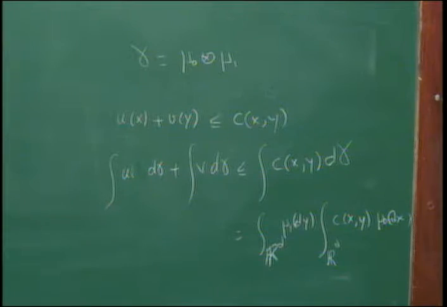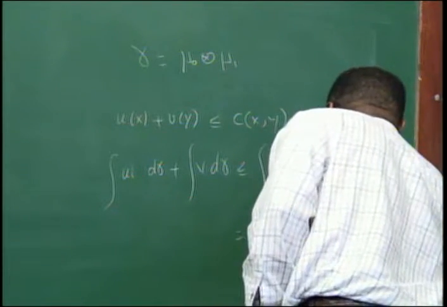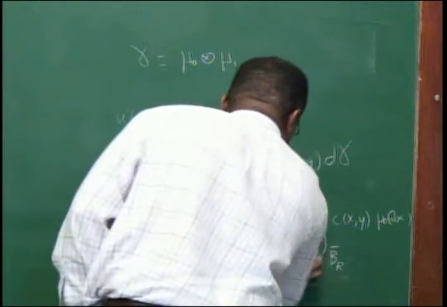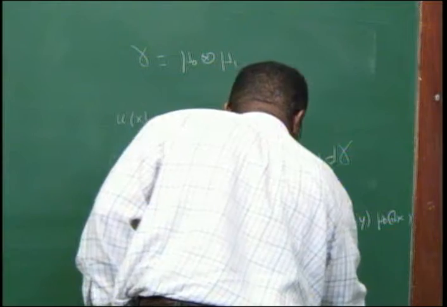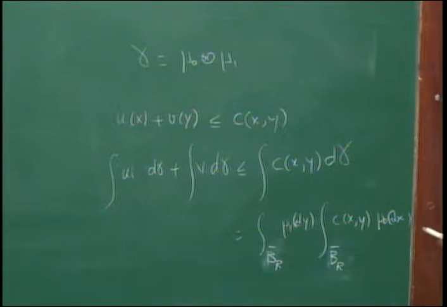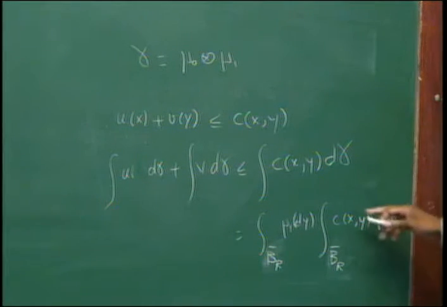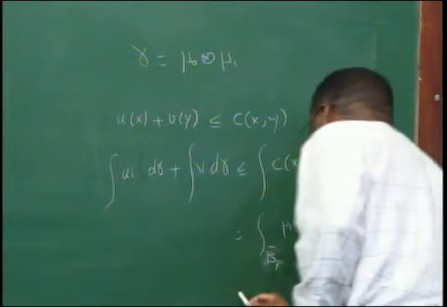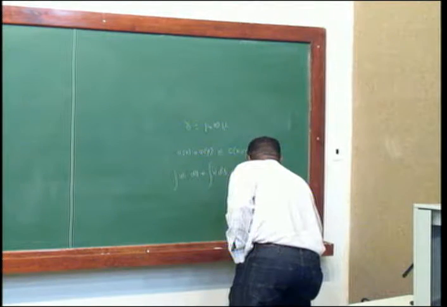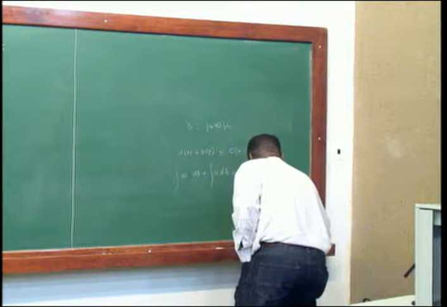Now, mu naught is 0 outside the ball of radius r, and mu 1 is 0 outside the ball of radius r. When x and y are in the ball of radius r, C is less than the supremum of h on the ball of radius 2r.